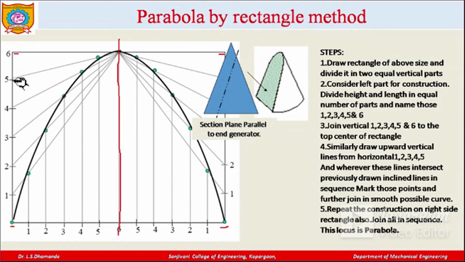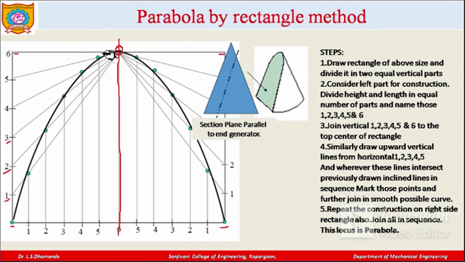Then join these vertical points to the top center of the rectangle. So this rectangle is there, and this is the top center of this rectangle. You have to join all the points on this vertical line like this, from 1 to this, then from 2 to this, then from 3 to this. Like this you go on drawing the lines. From 5 and 6 the horizontal line is already drawn.